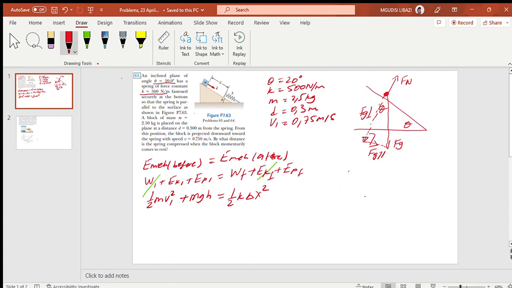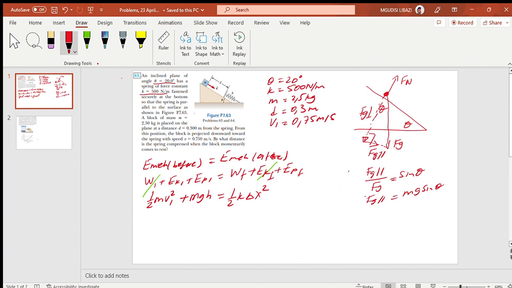We can find Fg parallel from that triangle of ours. From theta, Fg parallel is opposite divided by hypotenuse, which is Fg, and that is equal to sine of theta. That means Fg parallel is equal to mg sine of theta, and it is directed downwards.